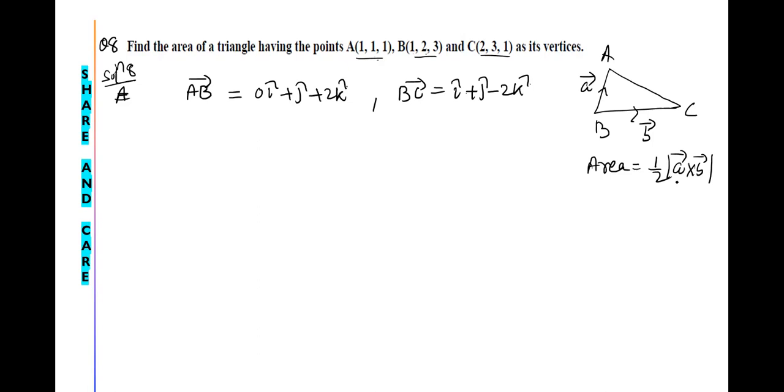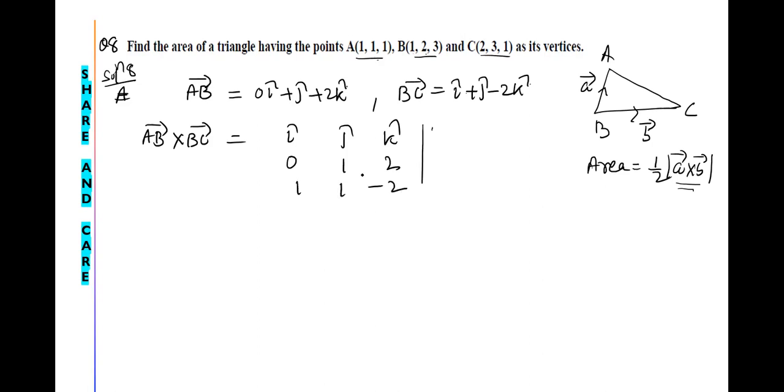So the area of the triangle is half of the magnitude of the cross product of two adjacent sides, right? So here we need AB cross BC. So it is the determinant with rows i, j, k; 0, 1, 2; 1, 1, minus 2. Evaluate the determinant.